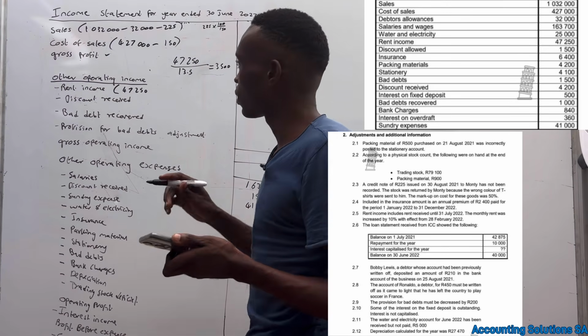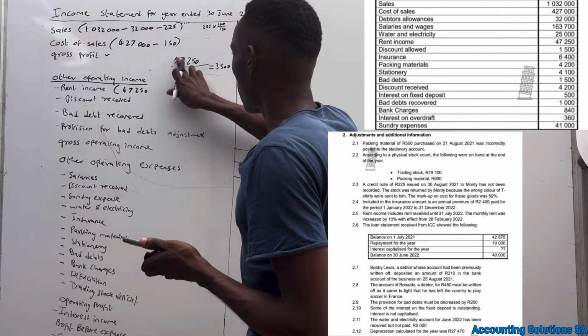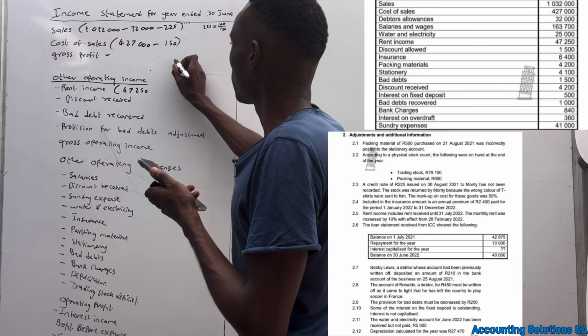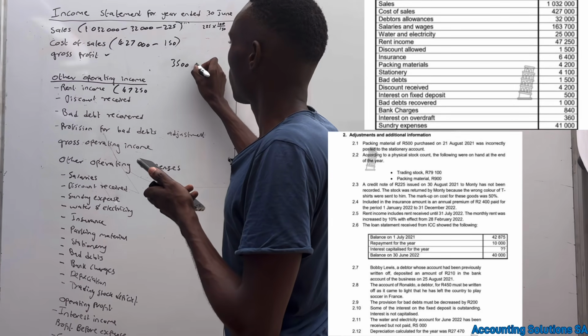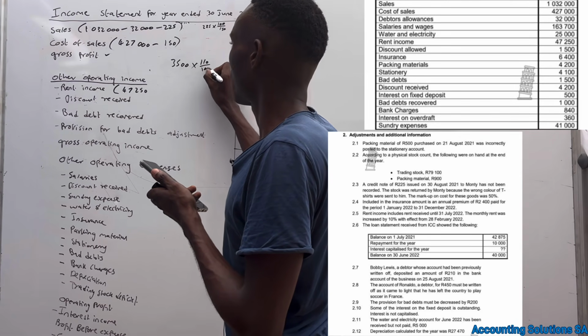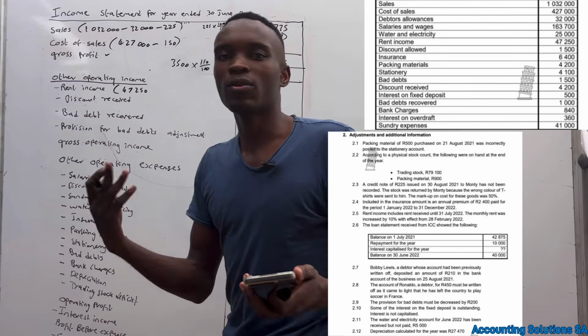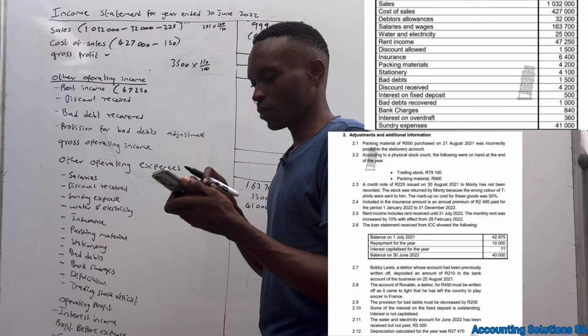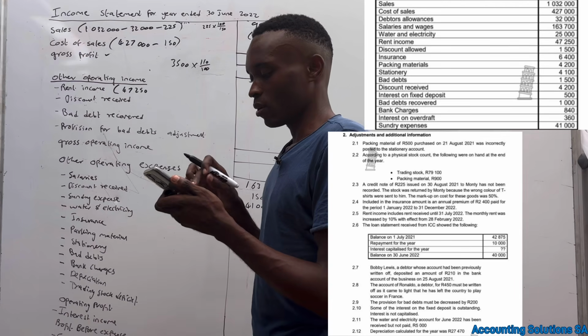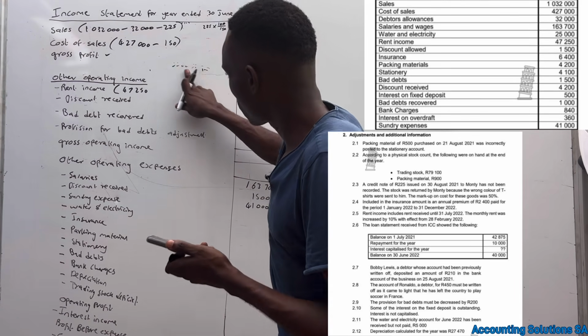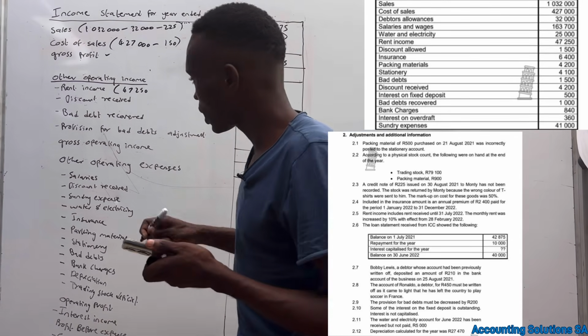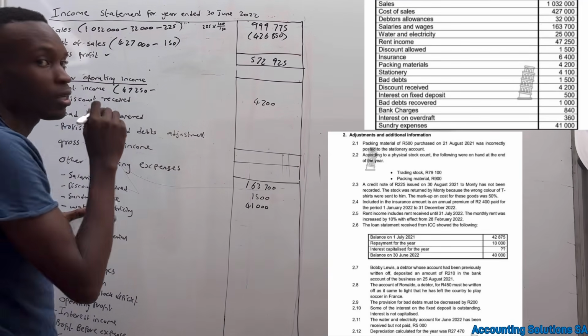And now you have to apply what? An increase. How do you apply increase? Now it's very simple. 3,500 multiplied by 110 over 100. Or you can just say 10% first and you get the answer. Then you add it back again. Now if you do this calculation, guys, you're going to get that month of July after.